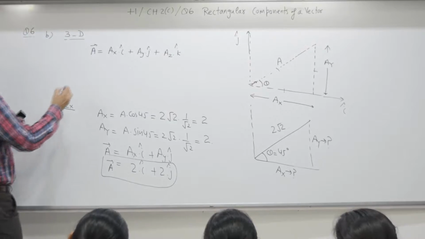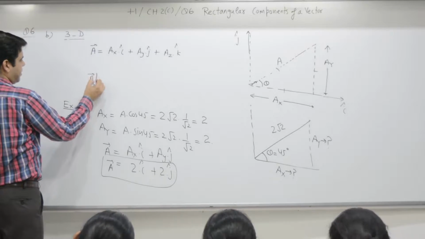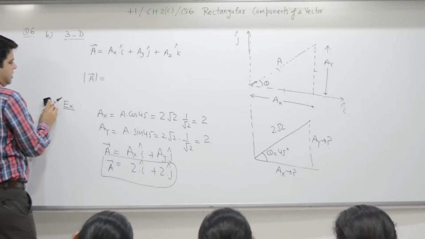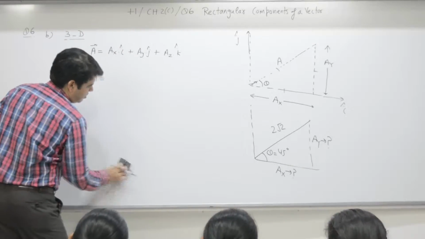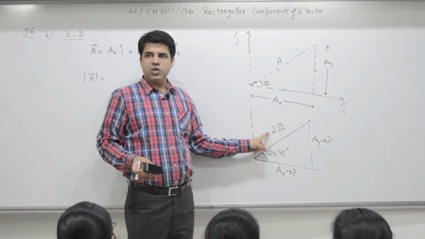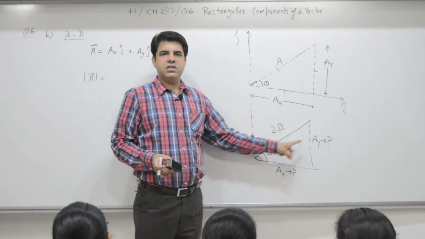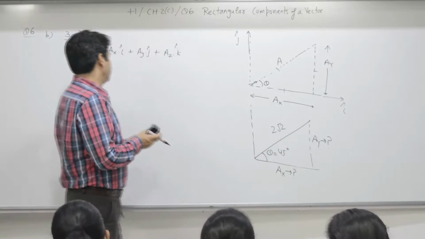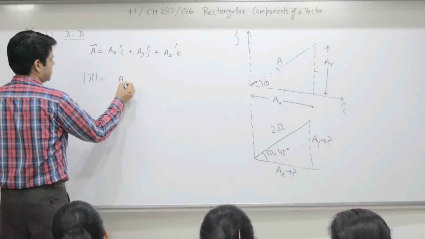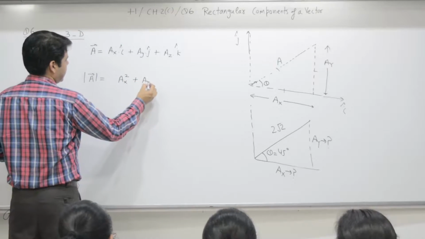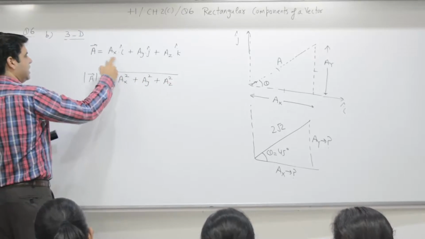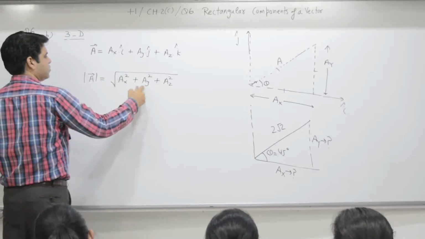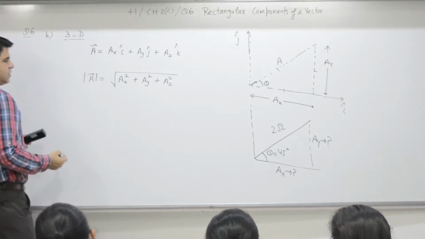If it is so, magnitude of A is equal to what? Yes, previous question, this magnitude A was equal to what? Ax square plus Ay square under root. Here magnitude of A is Ax square plus Ay square plus Az square, that is i component square plus j component square plus k component square.